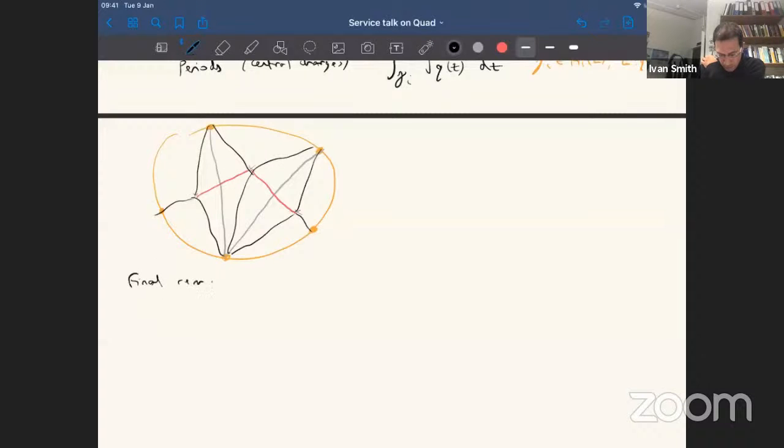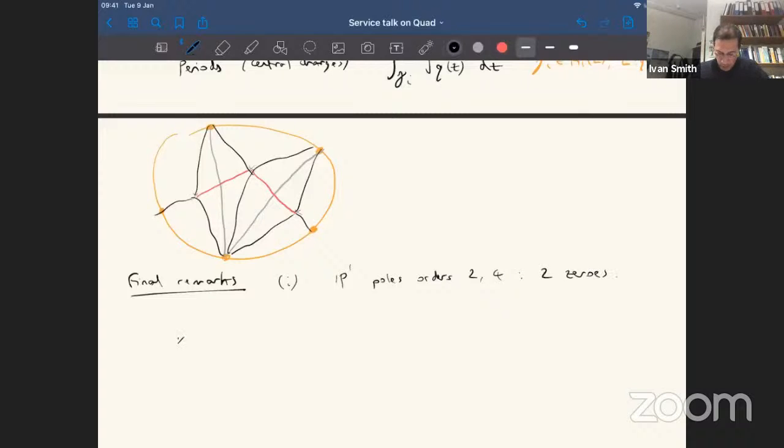And so 2 final remarks. One example that I was always intrigued by was P1 and differentials with poles of orders 2 and 4. Okay? So these differentials have 2 zeros.